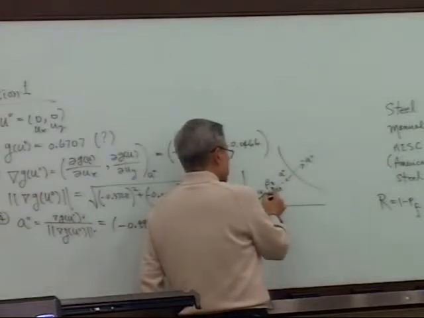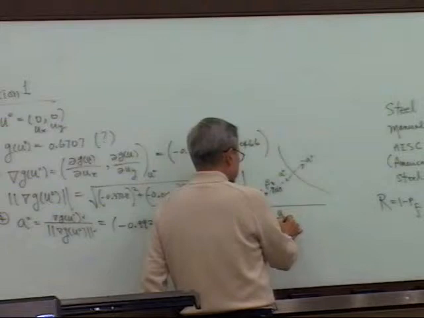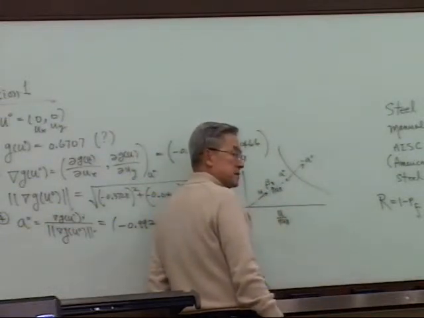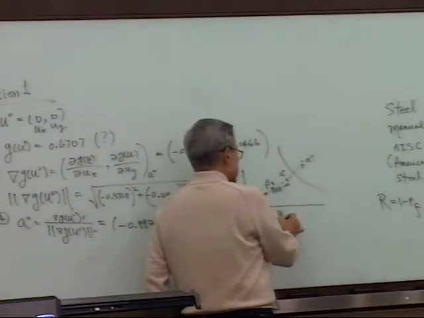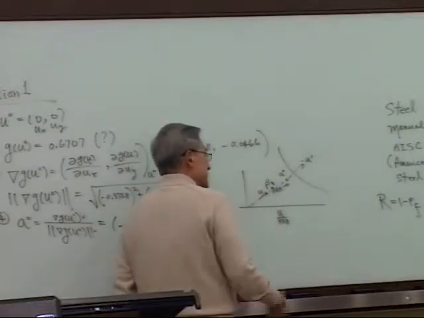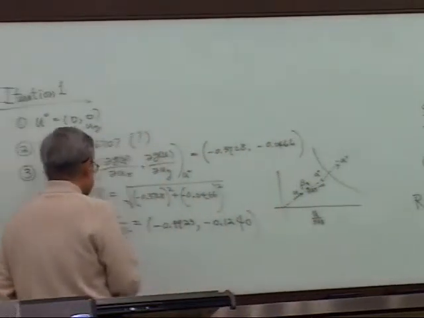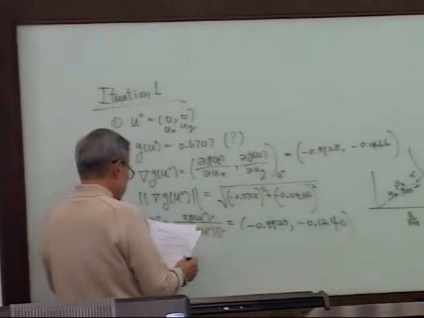Then this is equal to U over beta, which is a unit vector pointing in the same direction. So this is equal to that. That's where we are heading here. So now you have the A naught vector.